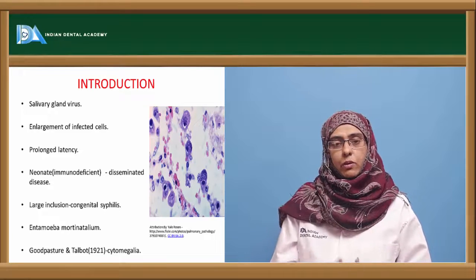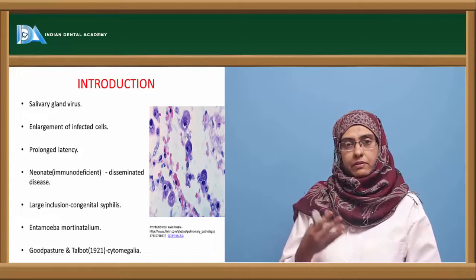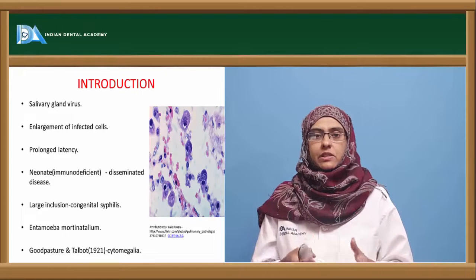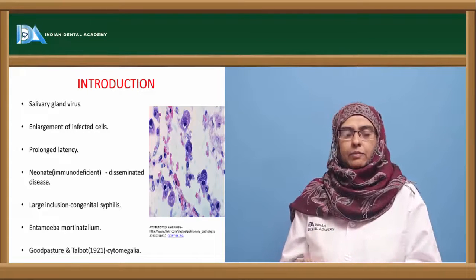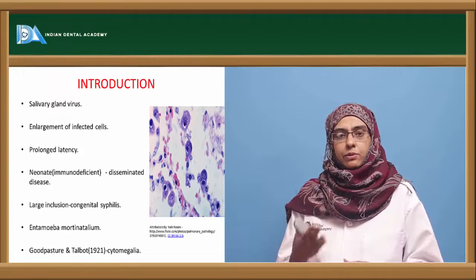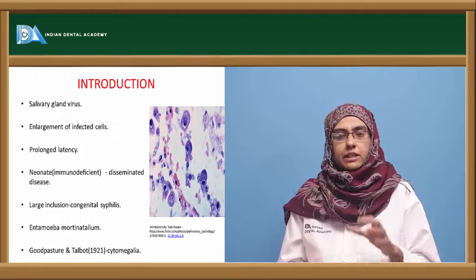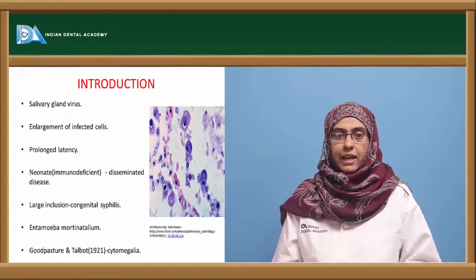So these inclusion bodies were thought to be due to the parasites or the protozoa, and hence the name that was given to these infected cells was Entamoeba mortinatalium. And later on it was proposed by Goodpasture and Talbot that these enlarged cells are nothing but the cytomegalia.